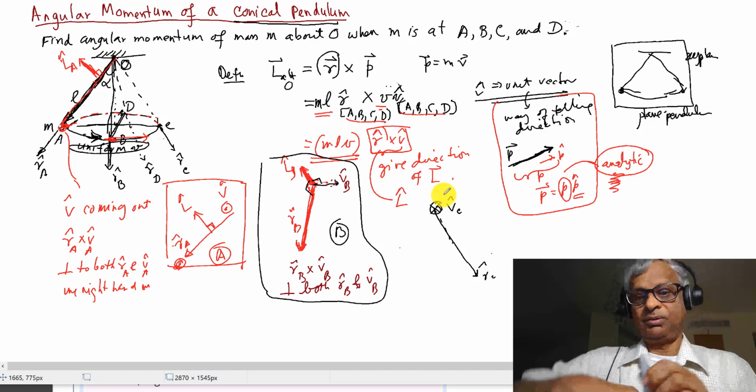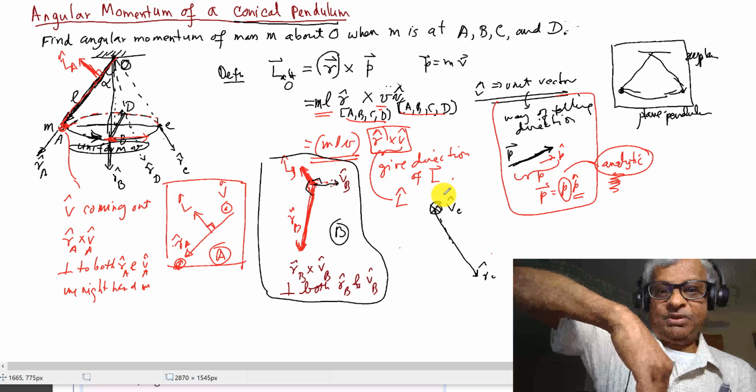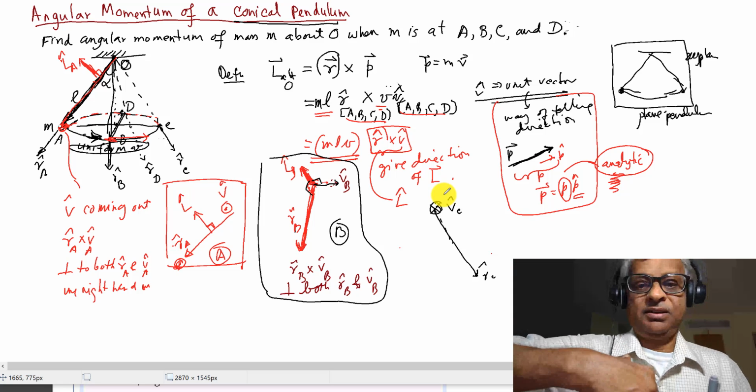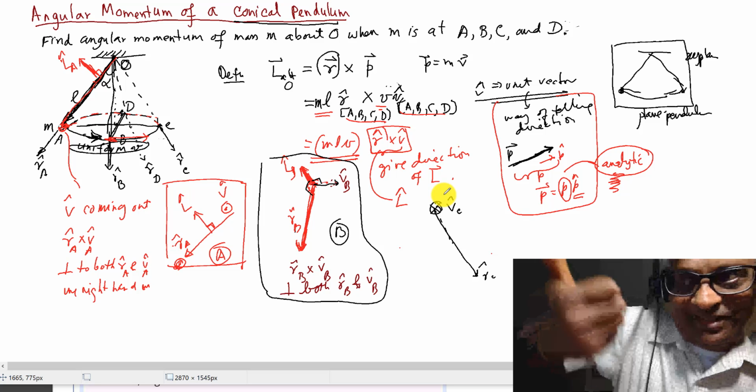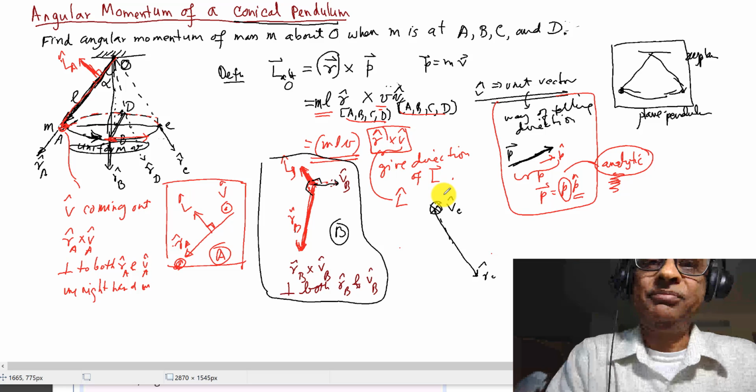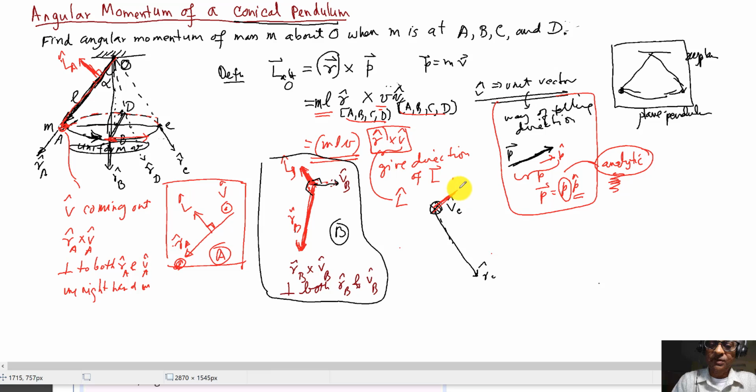So when we do this, I need to use my hand, and it's going to be that way. So L hat at C is that way, and it's in the plane. I shouldn't have drawn it thick, I should have drawn it regular. So in the plane, but 90 degrees, and this 90 degrees out of plane.